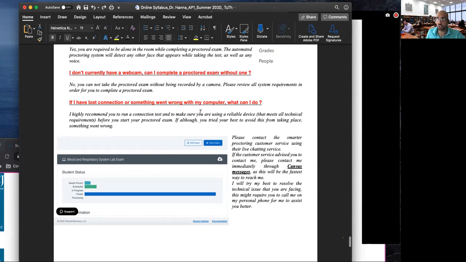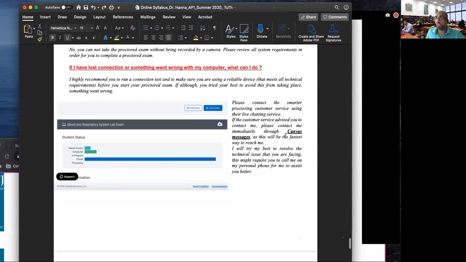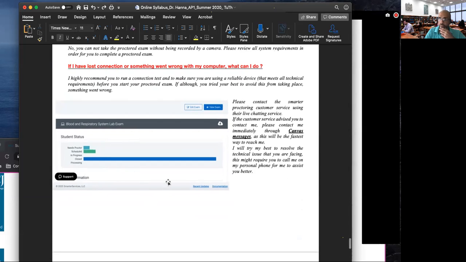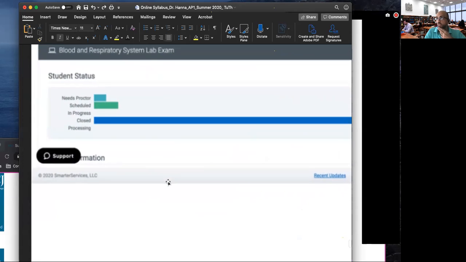If you've lost connection or something went wrong with the computer, please contact the Canvas, the Smarter Proctoring support. So on Smarter Proctoring, if you see on here, you're gonna have a live chatting box that says support.